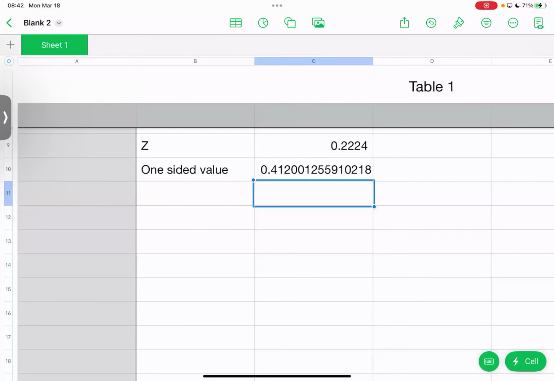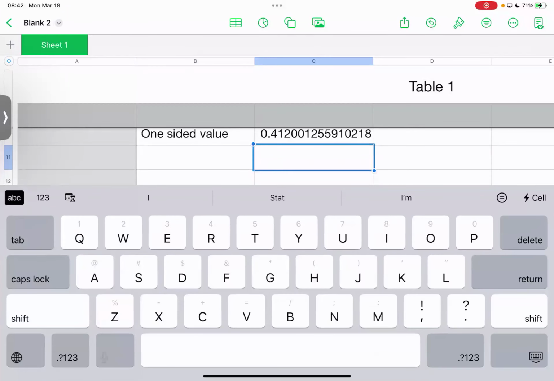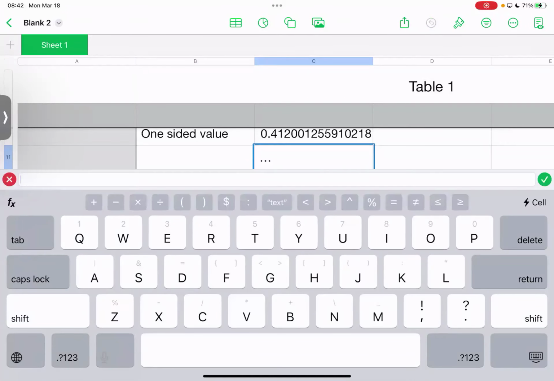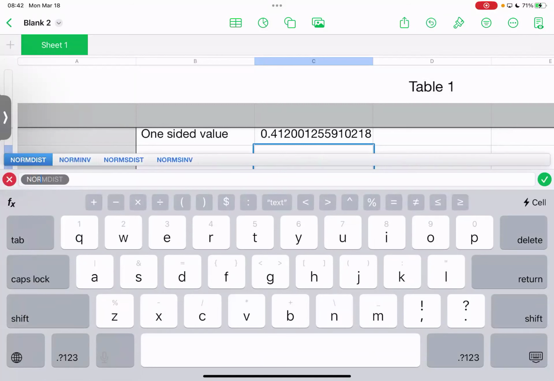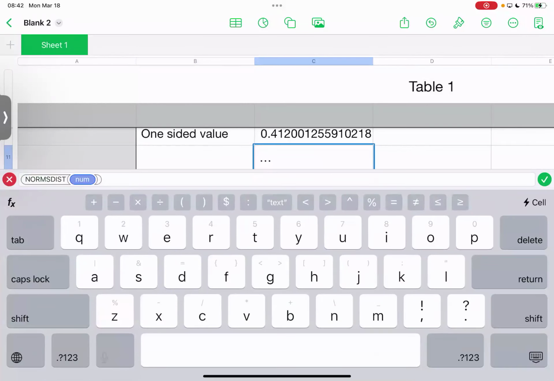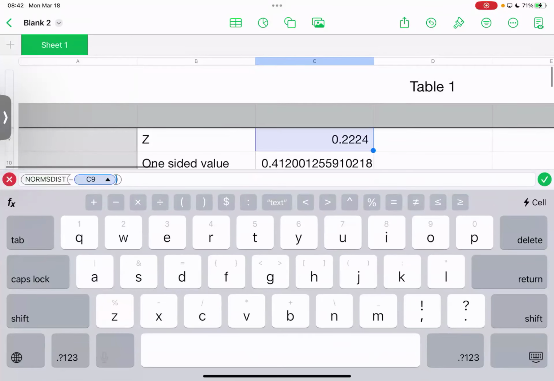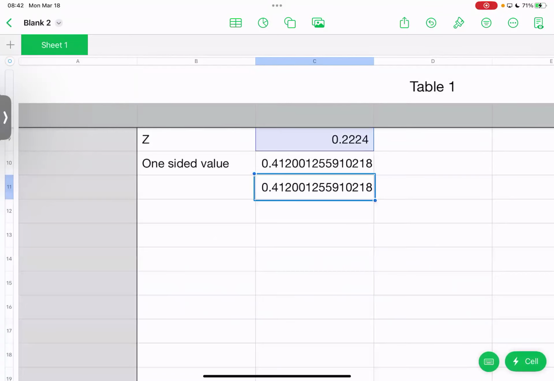Or what else could I do? We said I could do equals norm.s.dist of negative Z. Just make sure that they're the same, and they are, right? So either way, your one-sided p-value is going to be this.